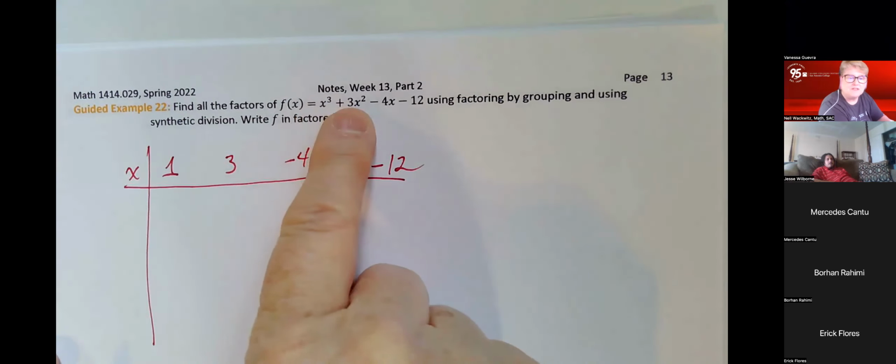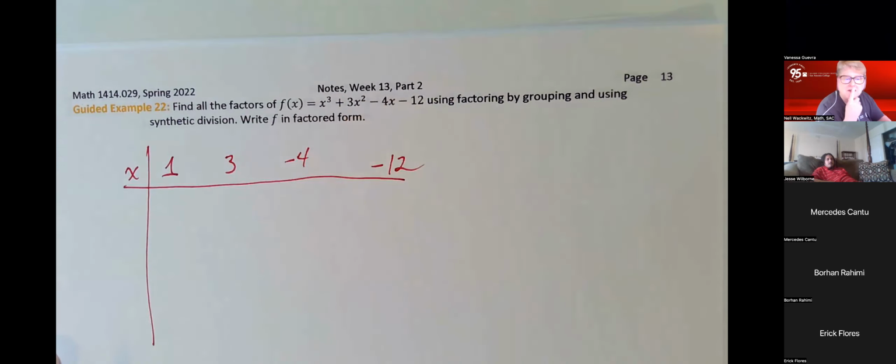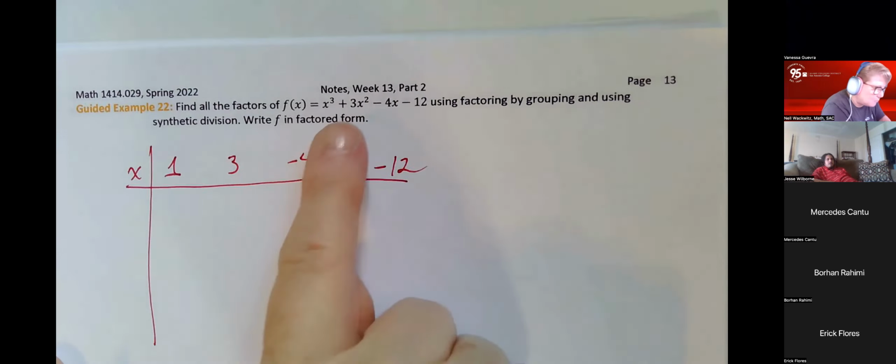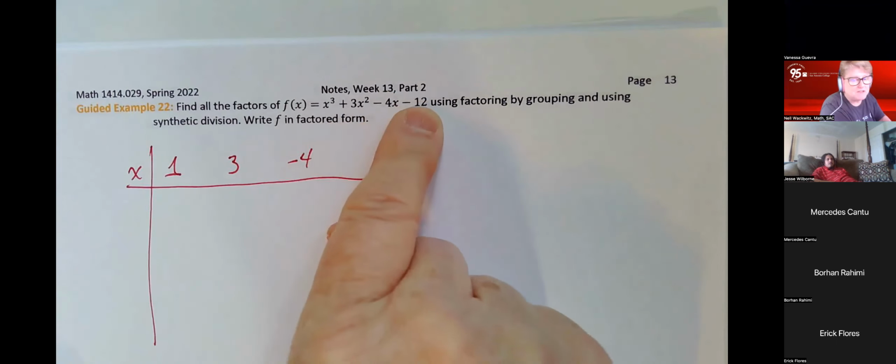We've got 1 plus 3 minus 4 minus 12. Do we get 0? Looks like 1 plus 3 is 4, minus 4, that's 0, minus 12 is -12.